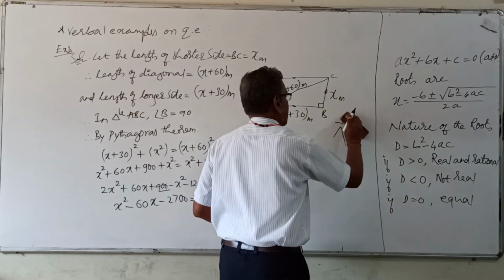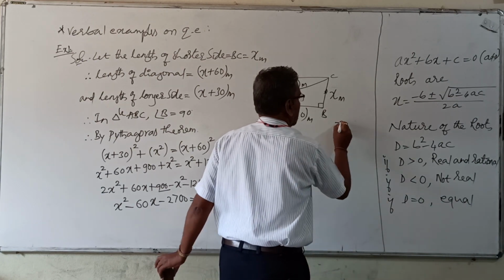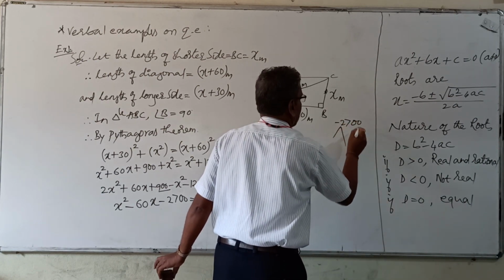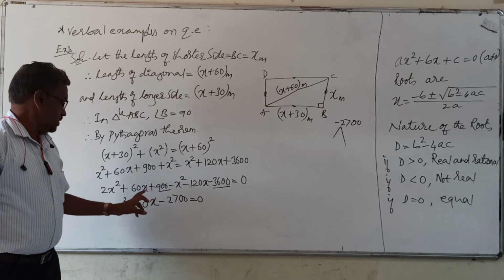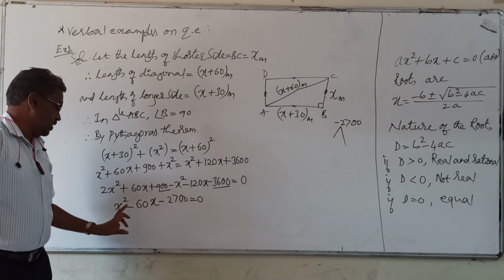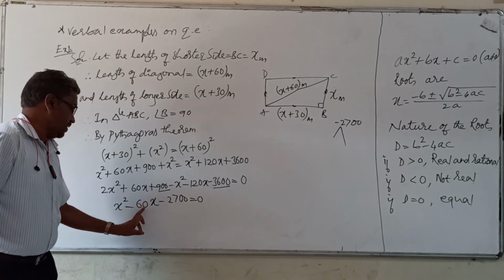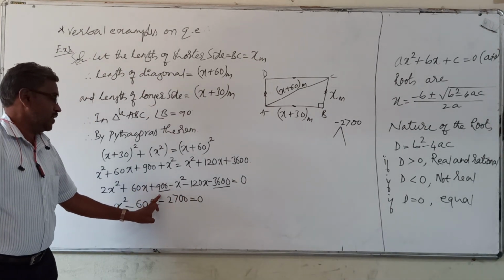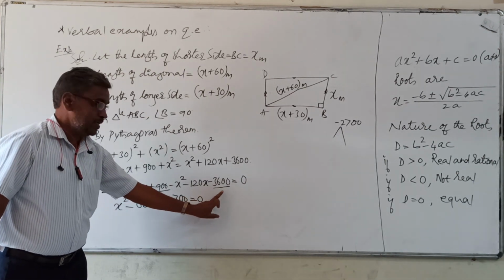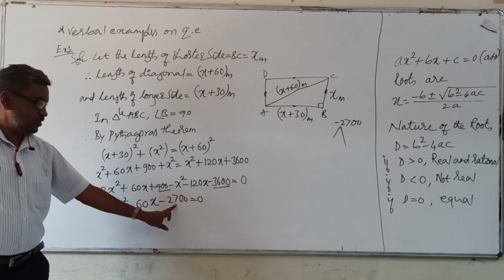So the product is minus 2700. x square minus x square is 1x square, plus 60x minus 120x is minus 60x, plus 900 minus 3600 is minus 2700. So is it?